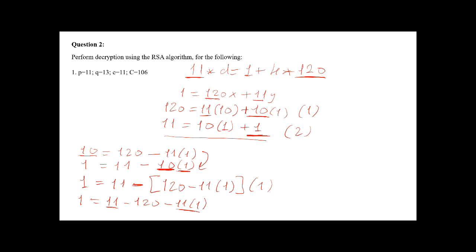Pardon me, I may have done something wrong. This here was 11 multiplied by 10, not 1. So it's here 11, 10, and here 11, 10. So when I combine these two 11s, I will assume that I have 11 and 1 and 11 and 10. So it will be 1 equals 11 and 11. I will just add the values here together. Then I will do just minus 120.